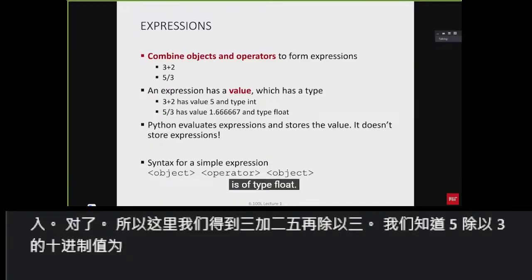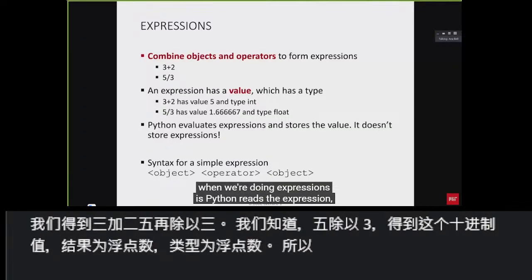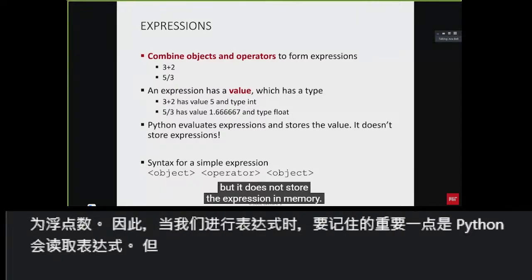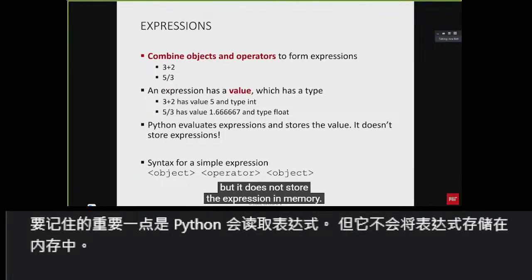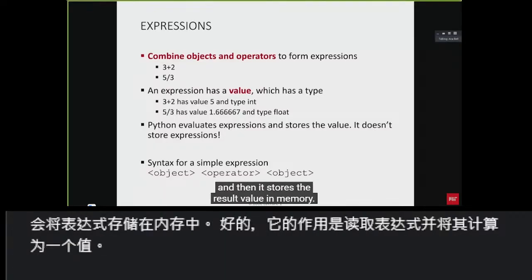So the important thing to remember when we're doing expressions is Python reads the expression, but it does not store the expression in memory. What it does is it reads the expression, evaluates it to one single value, and then it stores the result value in memory.